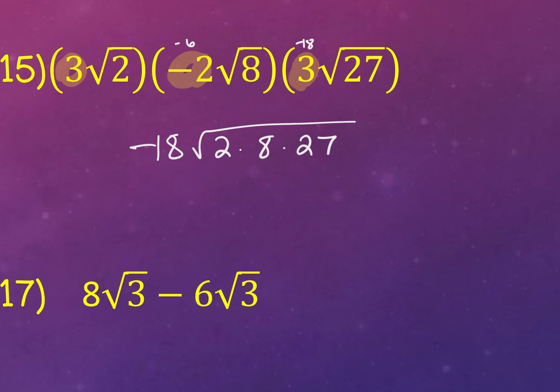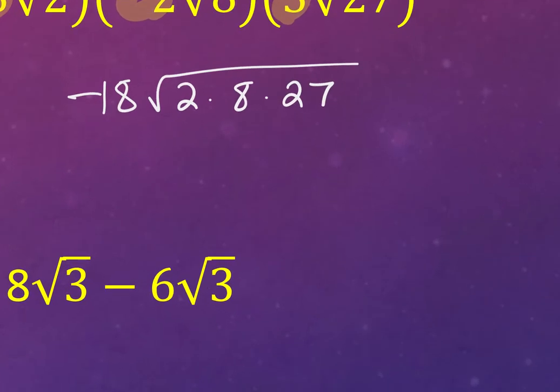So the 2 is prime, but the 8 breaks down into 2 and 4, 2 and 2. The 27 breaks down into, good, and then 9 breaks down, 3 and 3.